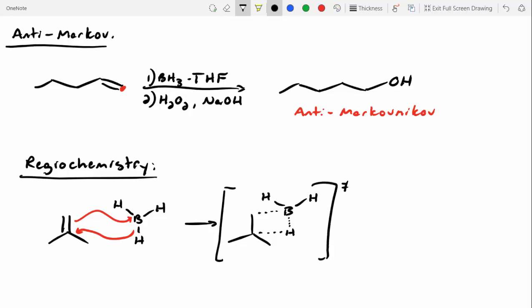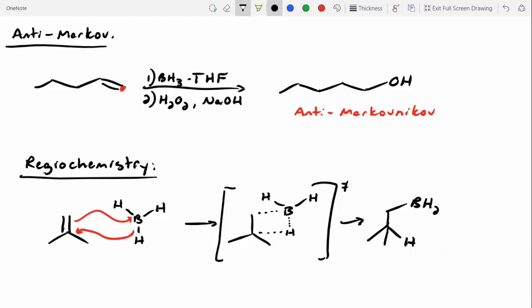And when you're done, you now have new hydrogen coming off that bottom carbon. And let me clean this up a little bit, sorry. And you've got BH2 coming off there.